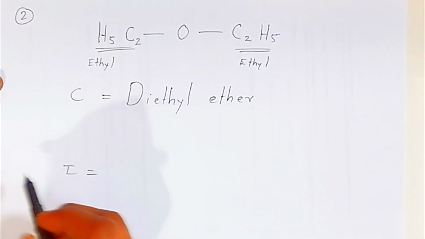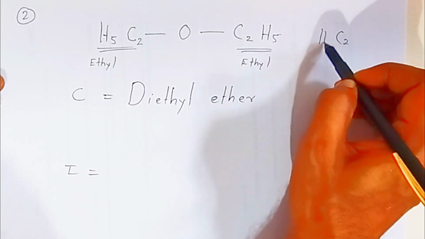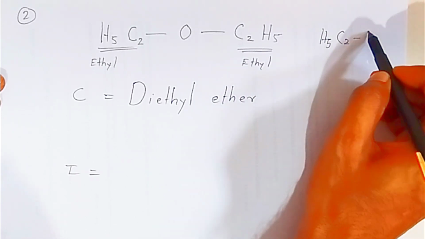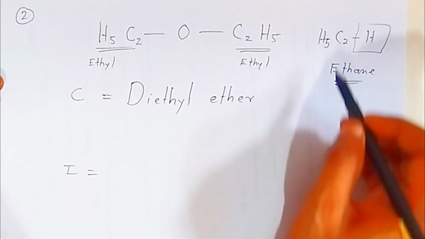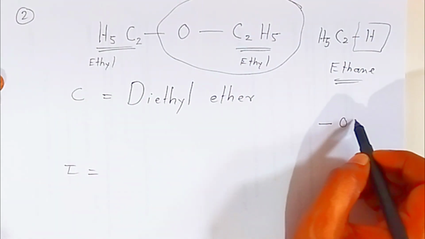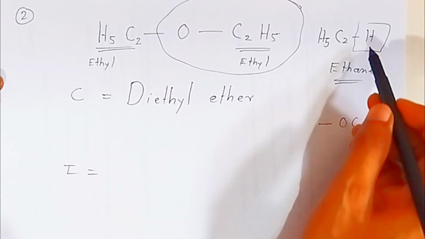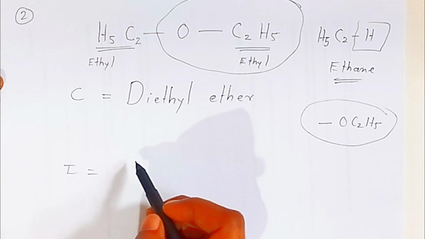Now for the IUPAC name, since it is a derivative of alkanes, this C2H5 is ethane. When hydrogen of ethane is replaced by an ethoxy group, we call it ethoxyethane.